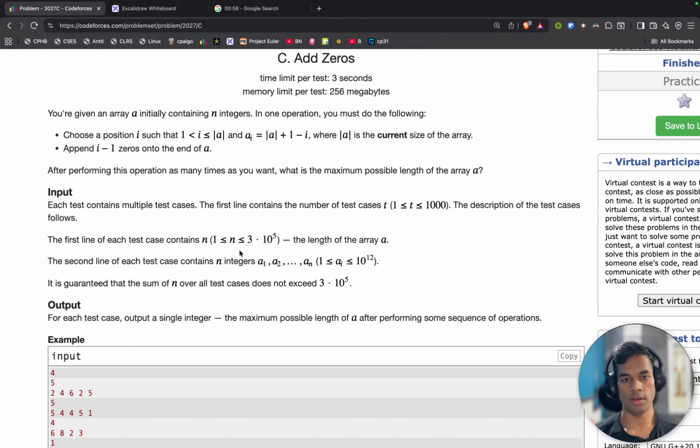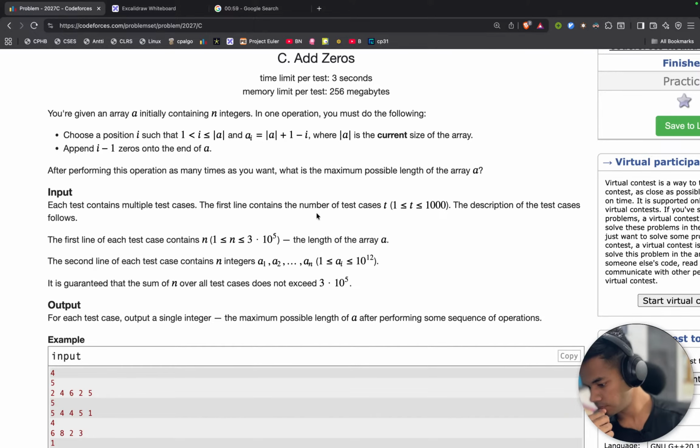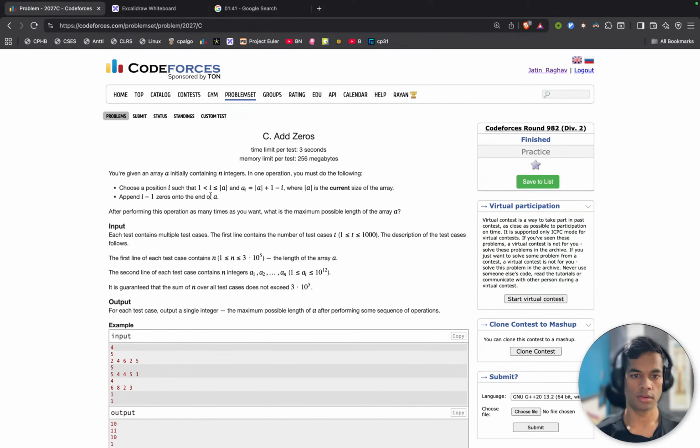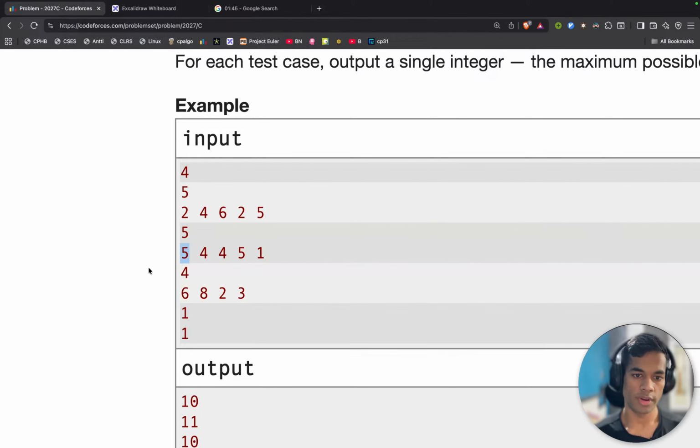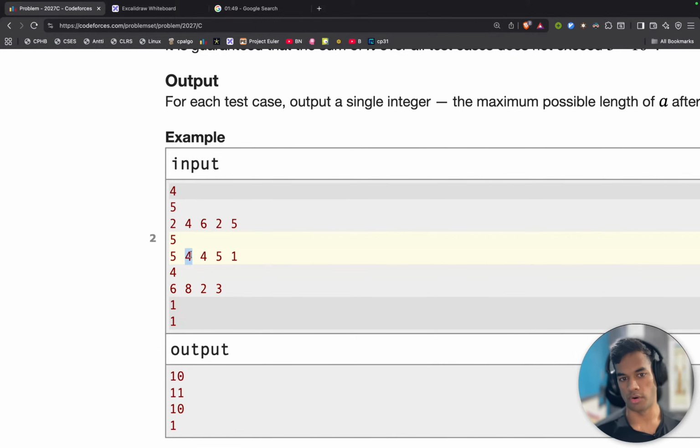a[i] can be very big and size is going to be 10 power 12. I think dynamic programming is the way to go here. For each value, we have the option to do this or to not do this.